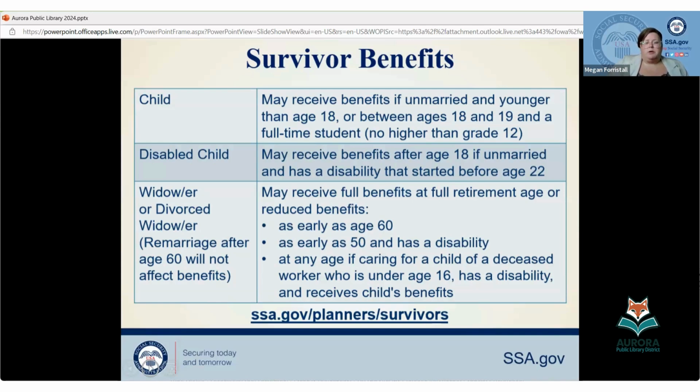So you can get survivor's benefits as early as 60, or as early as 50 if you have a disability, or again, any age if caring for a child of the deceased worker who is under 16 or has a disability. Another thing to note here, in the survivor situation, you can remarry after age 60 and still keep your eligibility to the survivor's benefit.